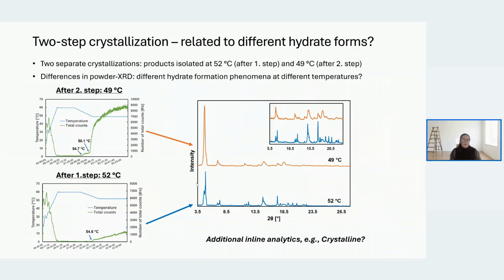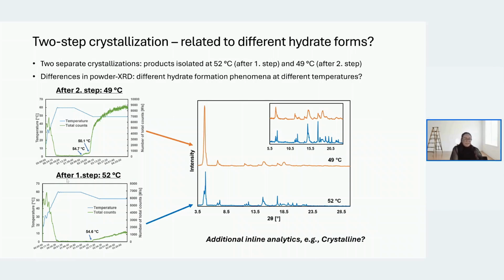Then another thing we started to think about was whether this phenomenon could be related to different hydrate forms. So we did two crystallizations, one where the end product was isolated after the first step, around 52 centigrade, as you can see from the picture below, and one crystallization where we isolated the product after the second step, at 49 centigrade.